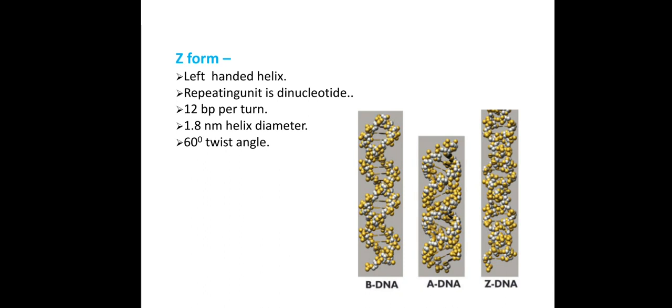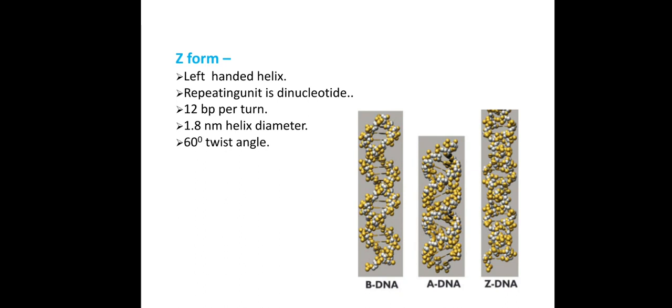I am not talking about the opposite strands, I am talking about the adjacent ribosugars or deoxyribosugars that are present. And this arrangement, as well as the repetition of GC bases, gives a zigzag structure to the DNA molecule. That's why this is called ZDNA.